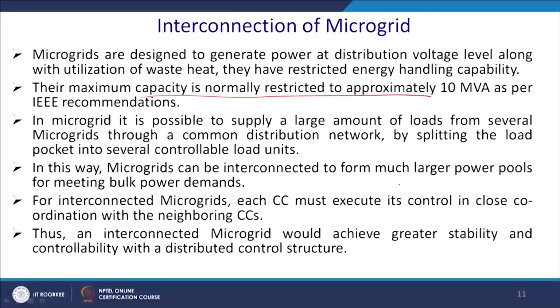For interconnected microgrids, each centralized control must execute its control in close coordination with the neighboring microgrids. Thus, an interconnected microgrid would achieve greater stability and controllability with the distributed control structure.